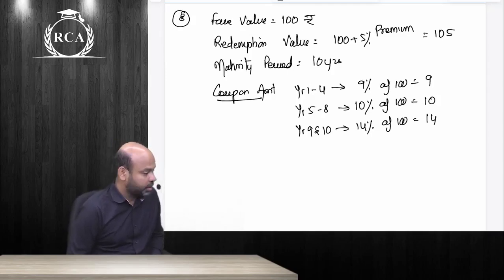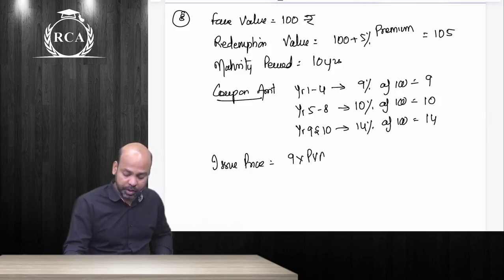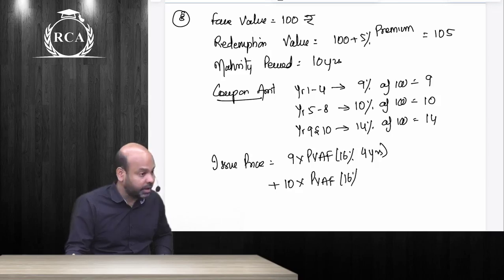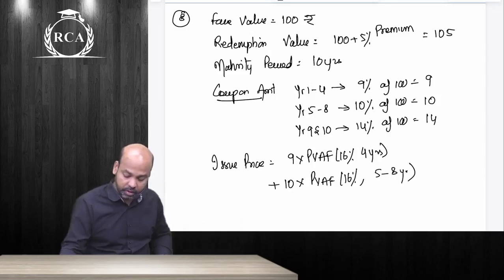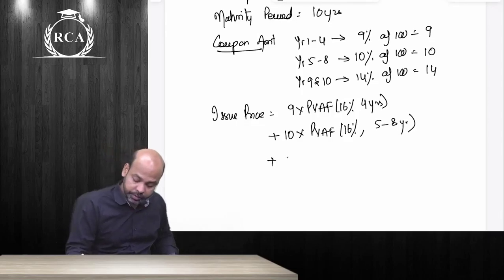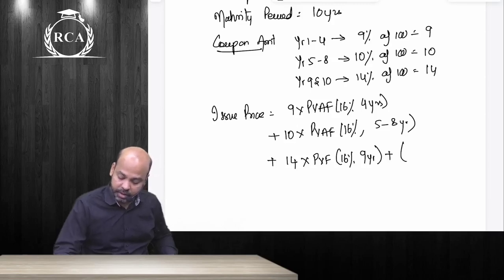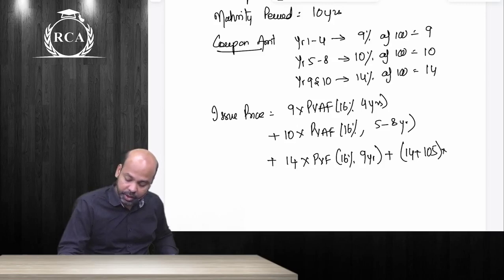You have to discount all of them, beta, at a yield of 16%. ₹9 into PVAF at 16% for the first 4 years. ₹10 into PVAF at 16% for the 5th to 8th year, guys, and then ₹14 into, I'm writing separately beta, present value factor at 16% for the 9th year, and finally beta 14 plus 105 into present value factor at 16% for the 10th year.